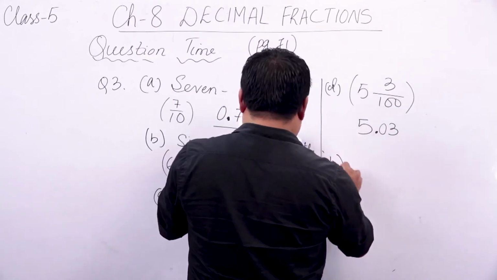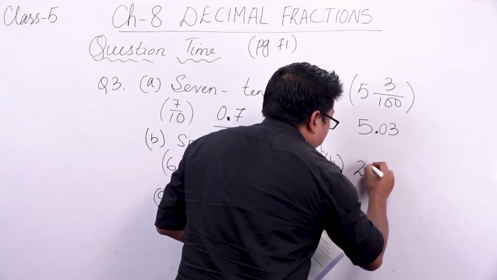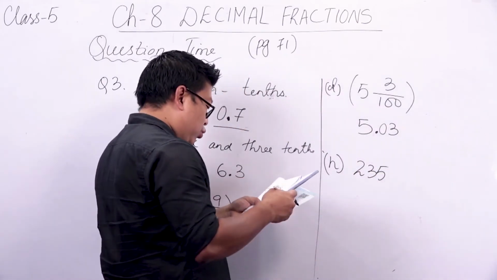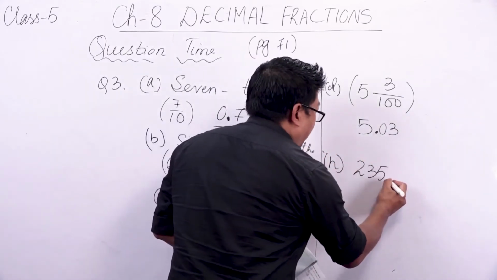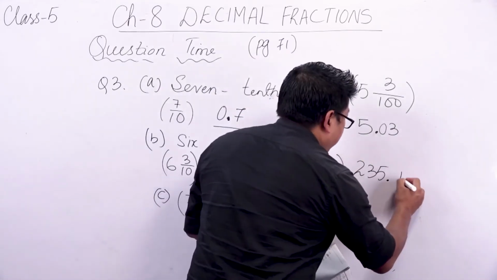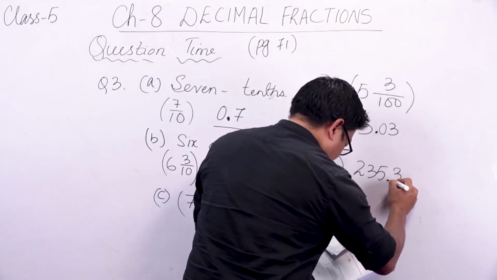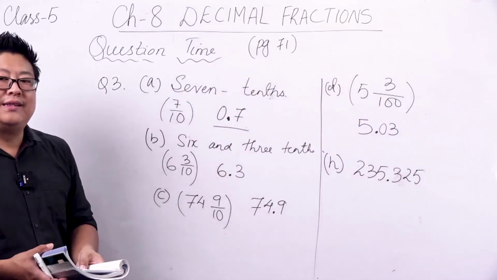Let's do one more. Let's do H. 235. Let's write that first. 235.325. So it's directly given. 235 point 325. It's directly given, okay?